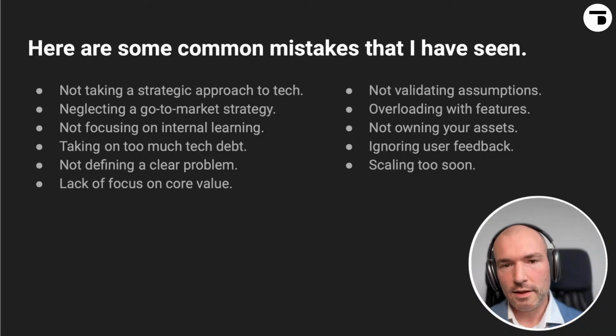So not validating assumptions, basically the assumptions that you had and now you built into your MVP, you need to actually verify them with feedback. Overloading with features is a classic one. You want to pack as much as possible into the MVP, but the M stands for minimal viable product.